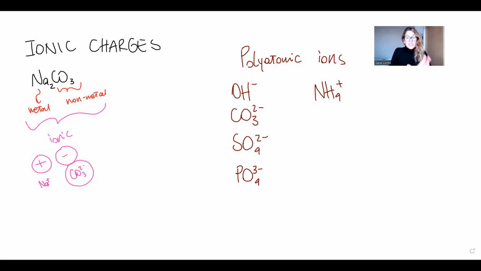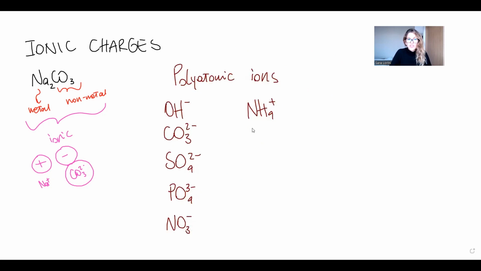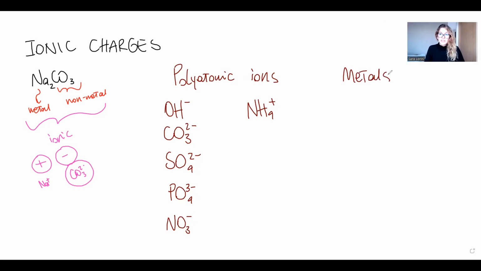We need to practice how to write these compounds using those charges. It's sometimes not very easy because we need to balance these charges between a metal and a non-metal. There are also some metals whose charges we need to know. Some we can find from the periodic table, like group 1 and group 2 metals.